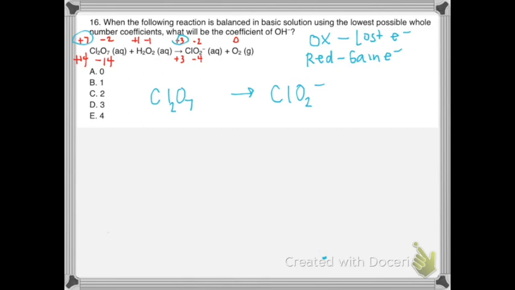Our first step in balancing is to make sure any atoms that aren't oxygen are balanced. So we can do this pretty easily by just putting a 2 out front, because now our chlorines are balanced. Now our oxygens are kind of out of whack. We have 7 on the left and 4 on the right.